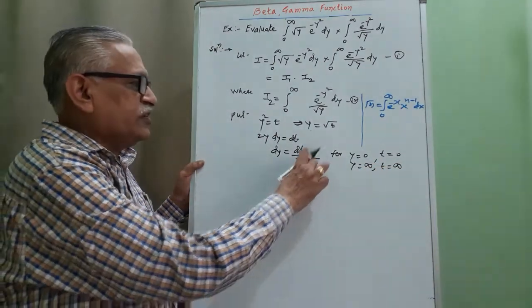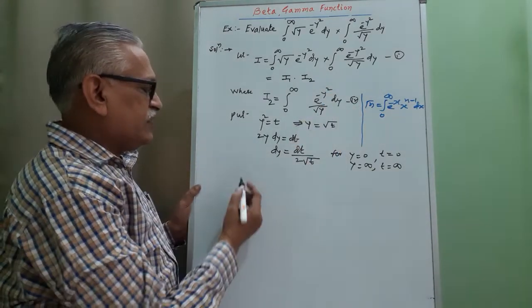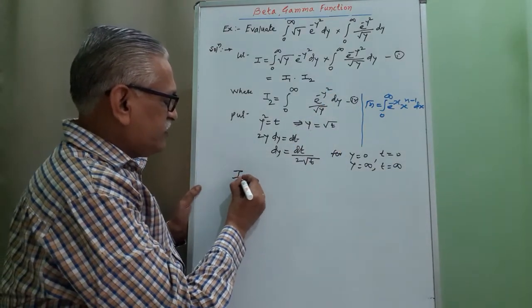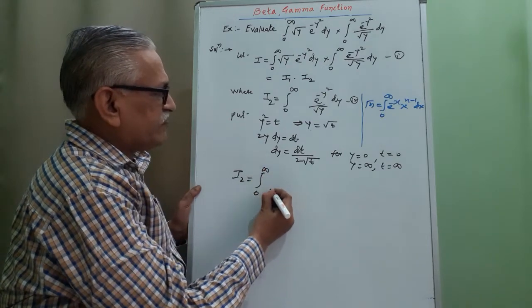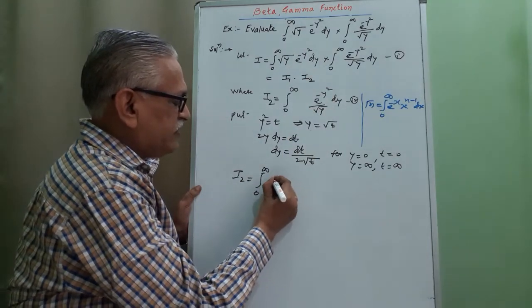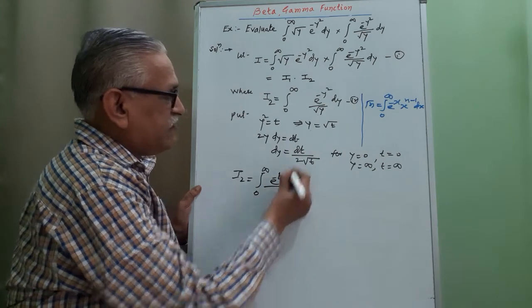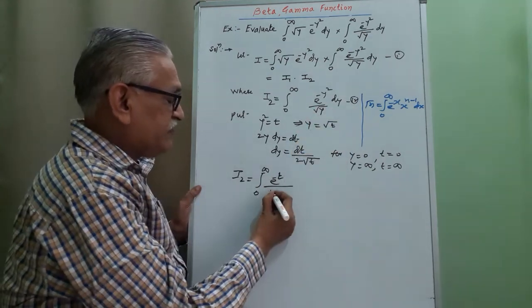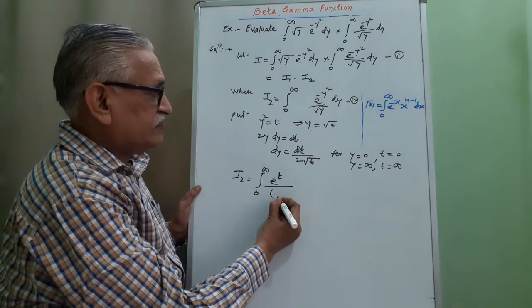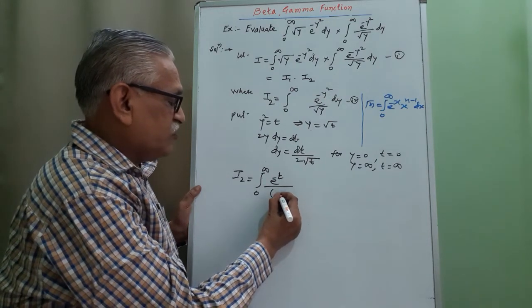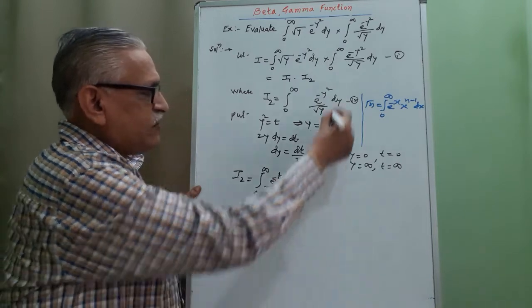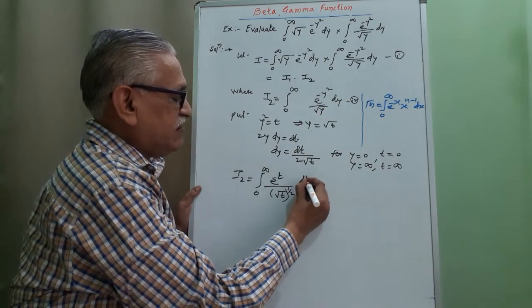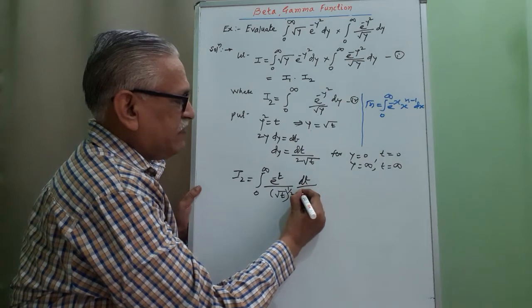And then using this substitution in equation 4, that equation 4 becomes I2 is equal to integral from 0 to infinity e raised to minus t divided by root y. Root y means root t raised to 1 by 2, and the value of dy is dt divided by 2 root t.